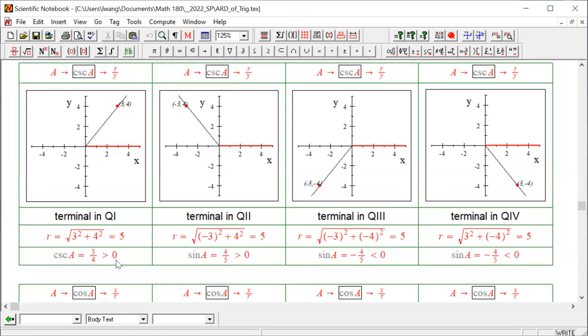And sine didn't change; the sine is still positive, and cosecant A now is 5 over 4, the reciprocal of it. So cosecant A is negative 5 over 4 in the other case. You guys see that?